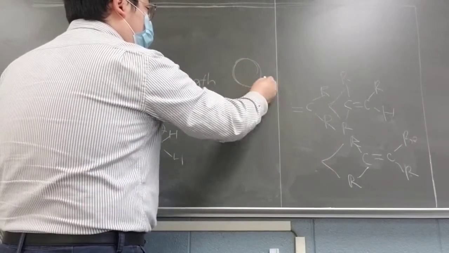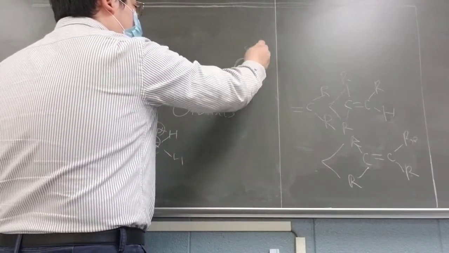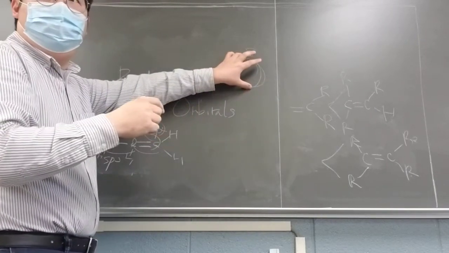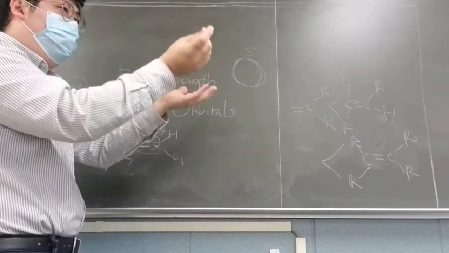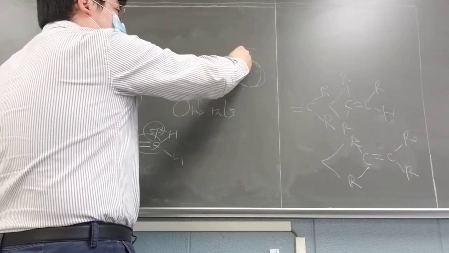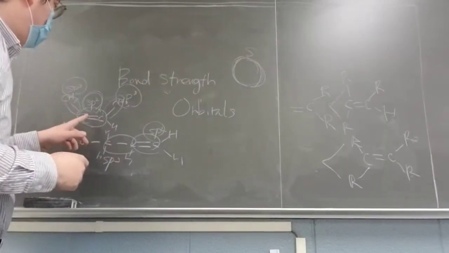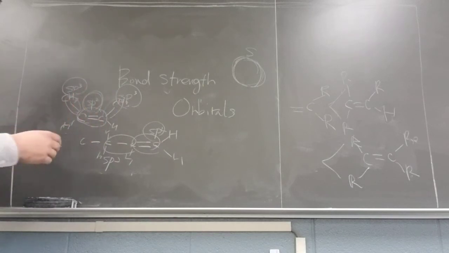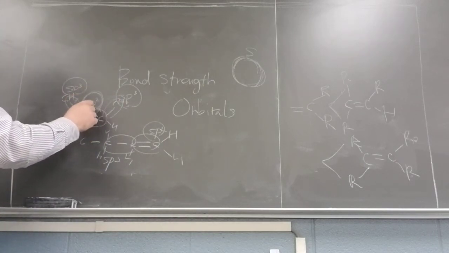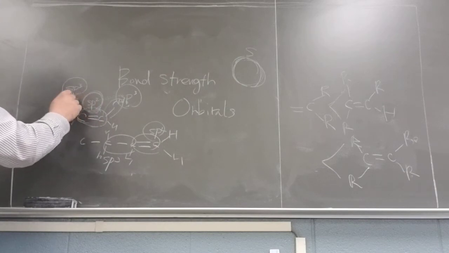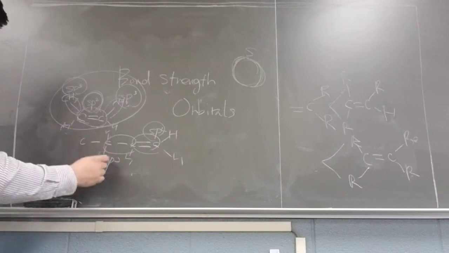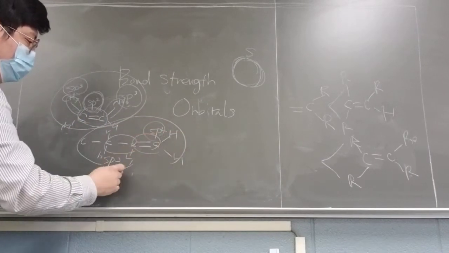If you have high s character, the bond length will be shorter, because of the shape, but mainly because the energy level is lower. That is why the bond length between these two is very short. Double bond, you know that. So if you have this held by an sp2 with two sp3 groups, it will be a bit more stable than an sp2 holding on to just one sp3.